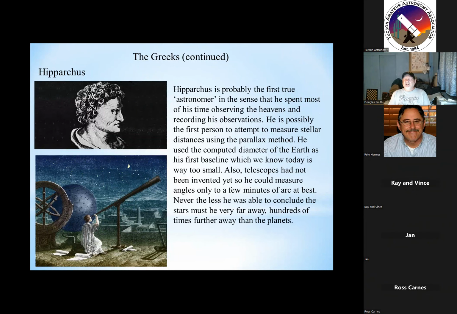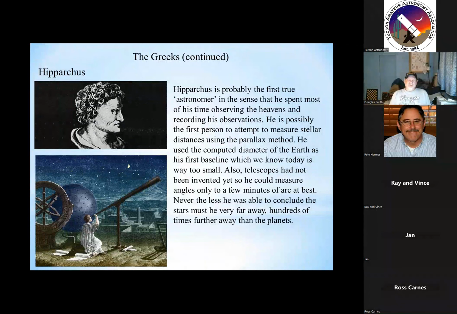Now, he was not able to get any kind of a good answer because he was using the diameter of the Earth as the baseline for his parallax measurements. He would look at the star, and 12 hours later, he would look at it again, and he would try to get the shift, okay?